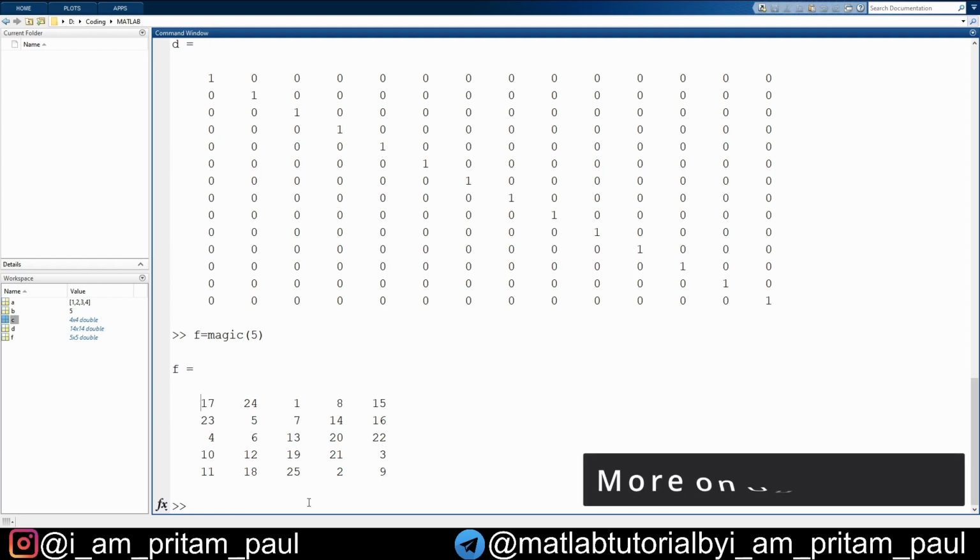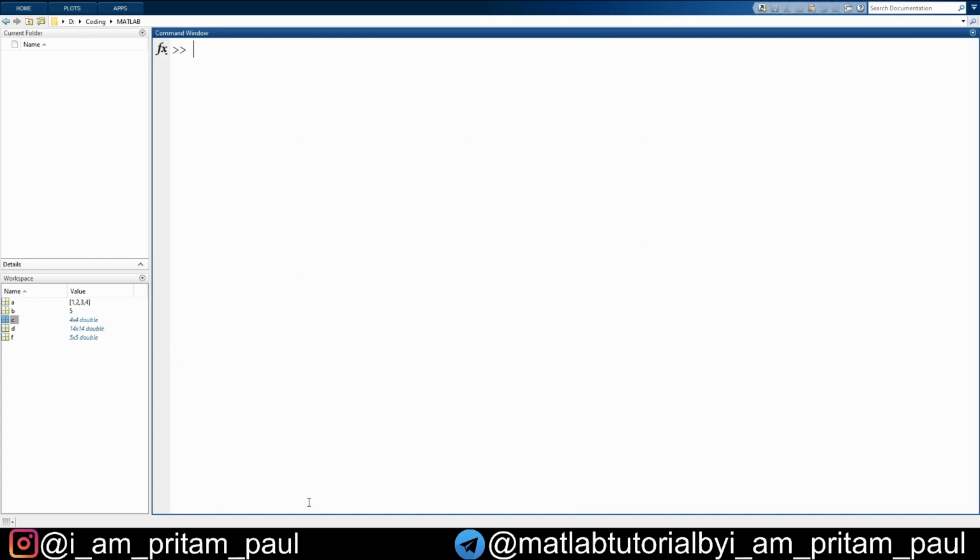Now what will happen if I write X equal to EYE of 2, 4. You can see that the principal diagonal will be maintained. A 4 by 4 matrix you can imagine, and up to the principal diagonal all the elements will be 1 and the rest will be zeros.